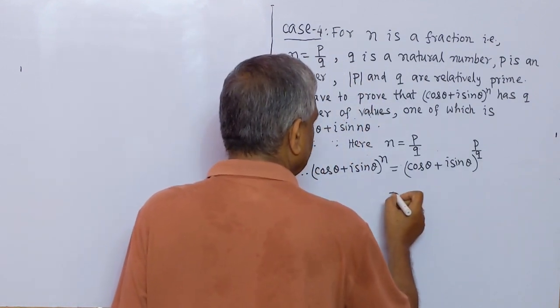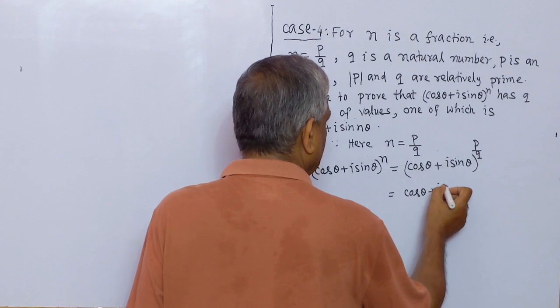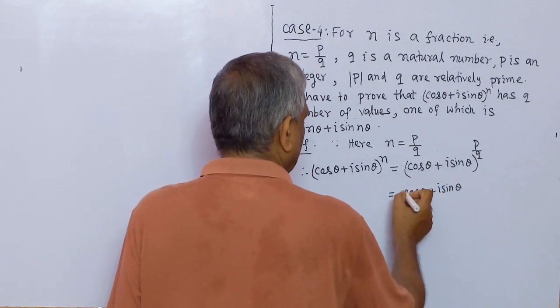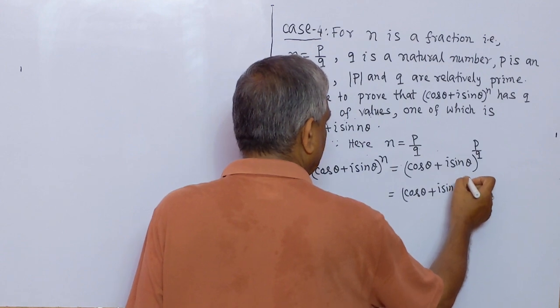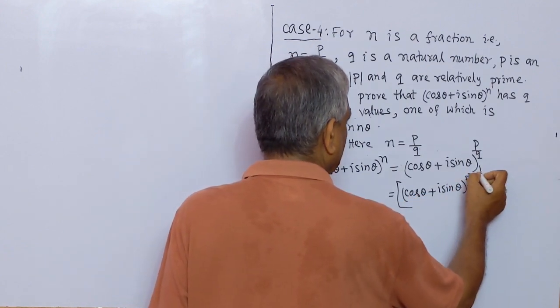We may write this as (cos theta plus i sin theta) to the power p, whole to the power 1 by q.